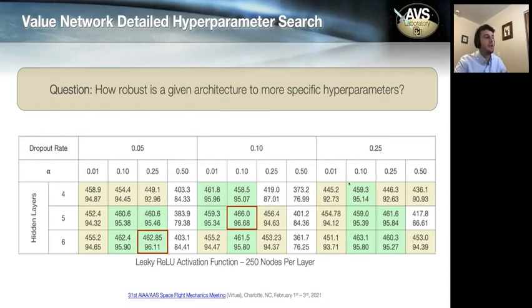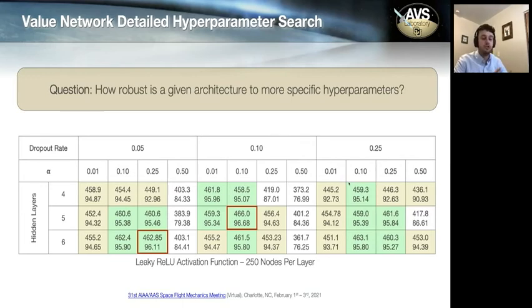Now, I should say alpha equals 0.5 is kind of a poor performer across the board, but the other hyperparameters are pretty robust. And in some cases, we actually exceed the performance of Monte Carlo tree search at 10 simulations per step, with only a single environment interaction.